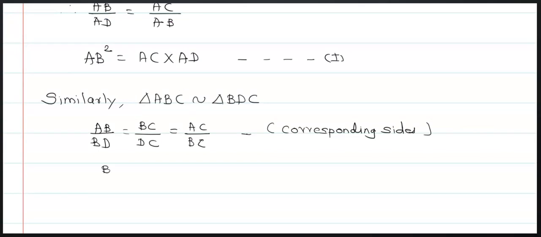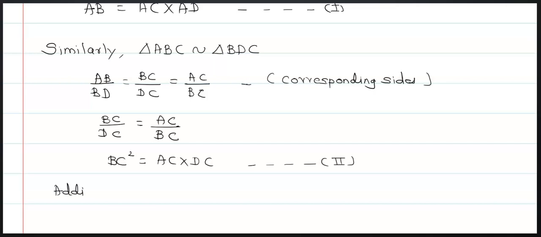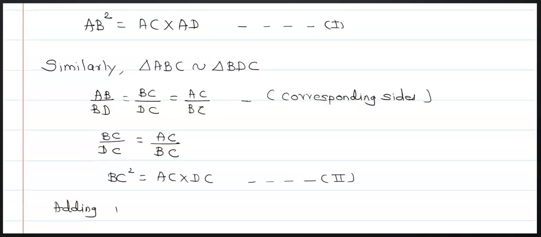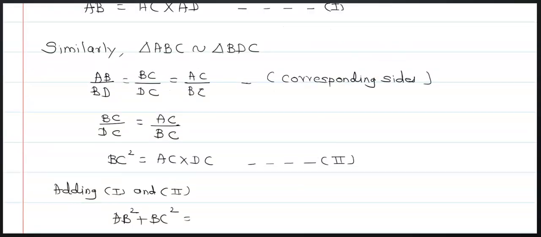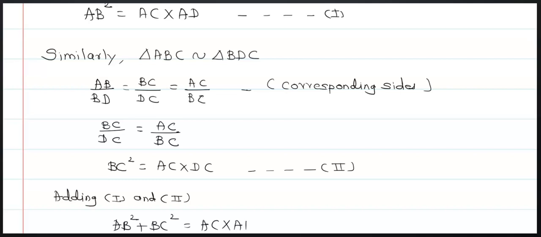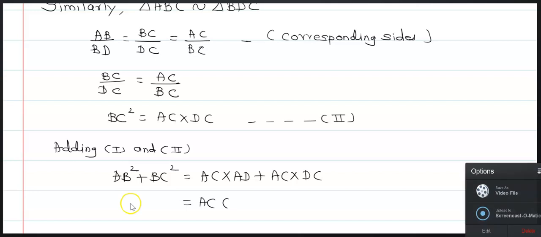Corresponding sides. Therefore, BC upon DC is equal to AC upon BC. Therefore, BC square is equal to AC into DC. This is number 2. Now we add these two equations, equation 1 and equation 2. AB square plus BC square is equal to AC into AD plus AC into DC, in which AC is common.